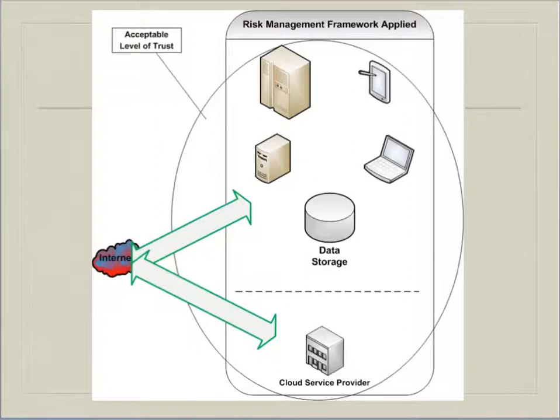Now, we obviously are not going to trust the internet, so we'd use something like VPN or a point-to-point connection so that the internet is completely removed from accessing the data. But at this point, we know that the level of trust at the cloud service provider is the same as the level of trust in our network.